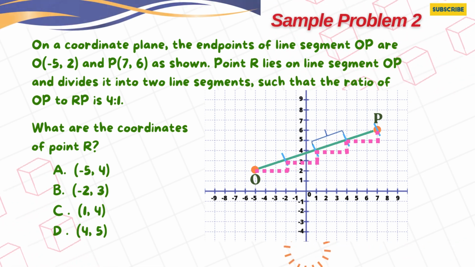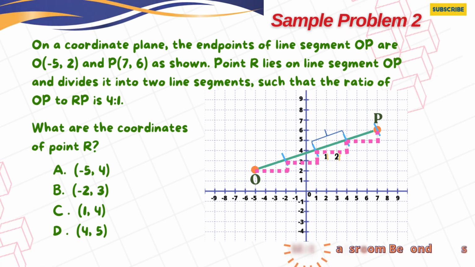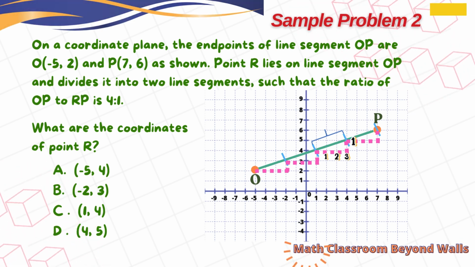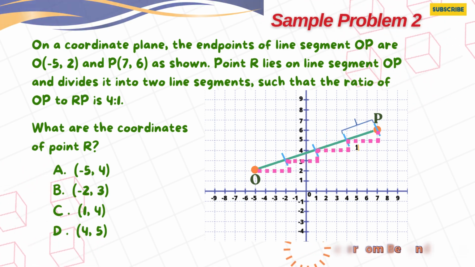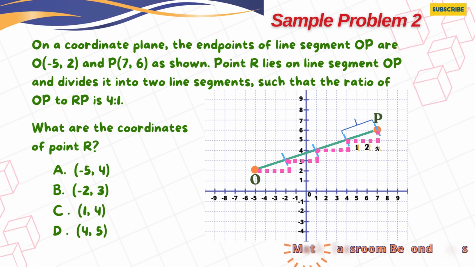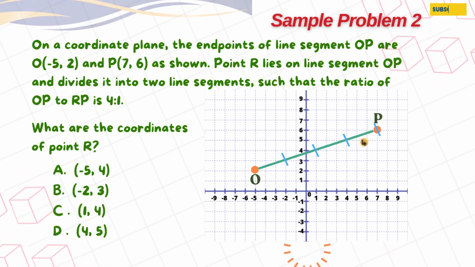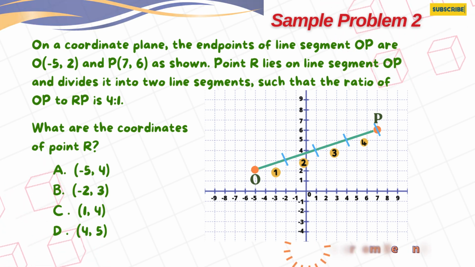On the third part, the run is 1, 2, 3. And the rise is 1. On the fourth part, the run is 1, 2, 3. And the rise is 1. Okay, so these are therefore the 4 equal parts.